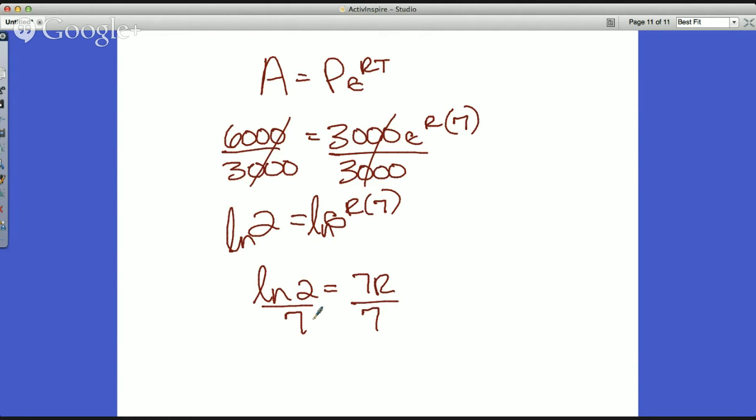Just throw that in your calculator. The rate would be? 0.10 when you round. Or 0.099 if you're going right to 3 places. So we could say 9.9%, because that would be a rate. We're looking for our rate, so 9.9% is what we would keep it as.